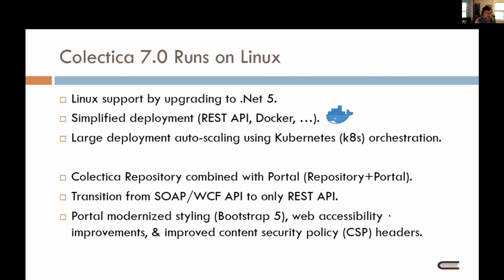We've also improved our content security policy headers to remove things like inline styling and inline JavaScript that we might have had here and there. That's all in separate files now, so you can turn on CSP headers to make your site more secure with the next generation of HTML policy. But lots of great stuff in Colectica 7.